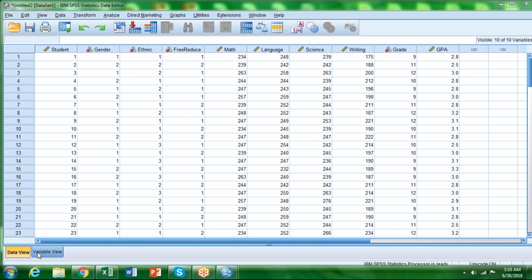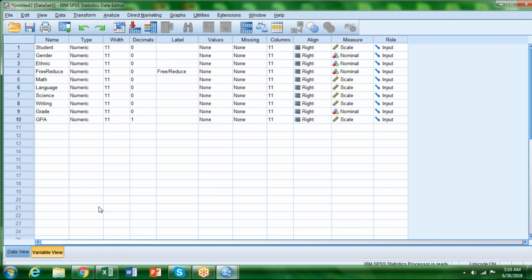Let's first go to variable view and make sure it's set up the way we want it. It looks like in this data set, the student variable is set to scale, and it should be nominal, so we'll change that. All of our nominal variables don't need to have decimals, but our scale variables do, so we'll change these scale variables to give them 2 decimal places.